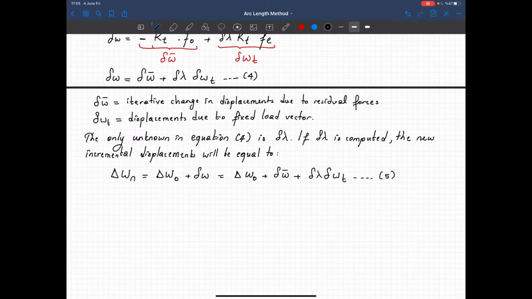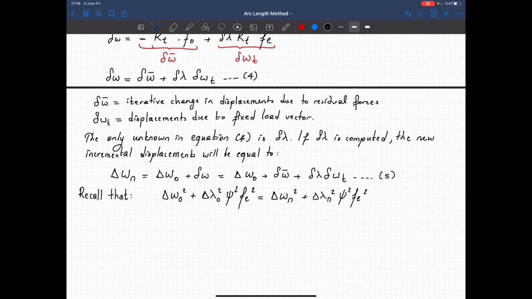Now we also know that we have a constraint equation which we have to satisfy, and this constraint equation gives me the following relationship: delta old squared plus delta lambda old squared phi squared multiplied with the external force should be equal to delta new squared plus delta lambda new squared phi squared fe squared, and that should be equal to minus L squared. Let's call this one equation 6.